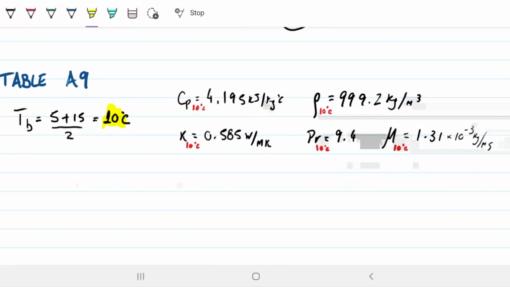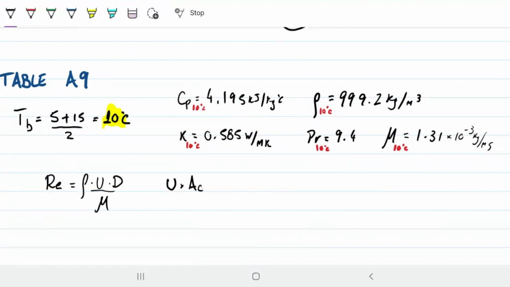If I want to find Reynolds, then I need to once again multiply density by velocity by diameter, divided by my dynamic viscosity. Once again, I don't have the velocity, so I can do the same thing as before, because my velocity times my cross-sectional area has to be equal to my mass flow rate divided by my density, which means that the velocity can also be found as mass flow rate divided by density times cross-sectional area.